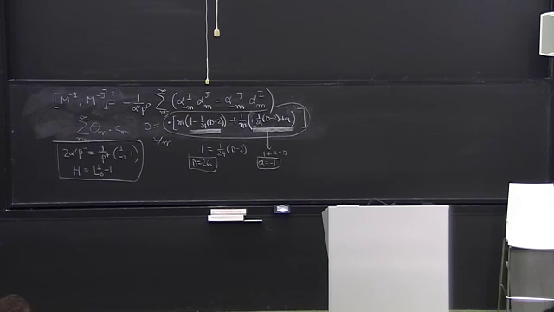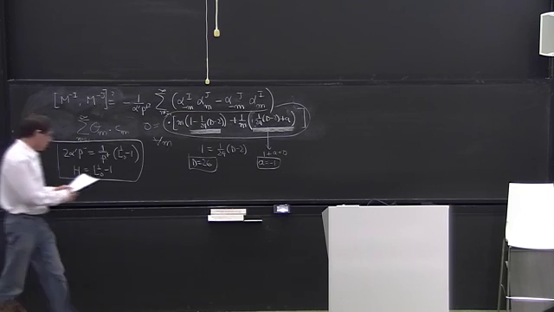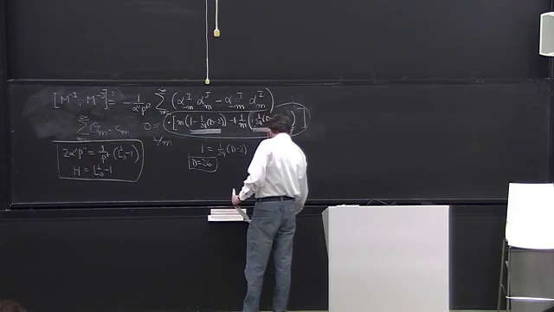So now that we have the Hamiltonian, we have the normal ordering constants, we can study the spectrum of the theory.